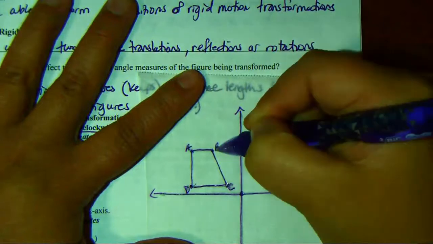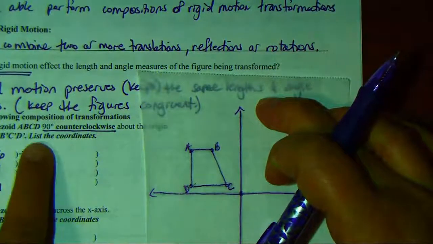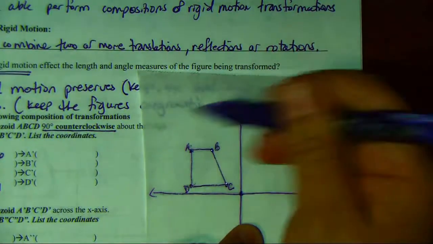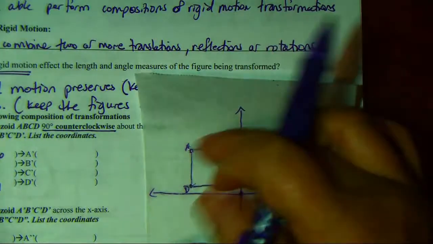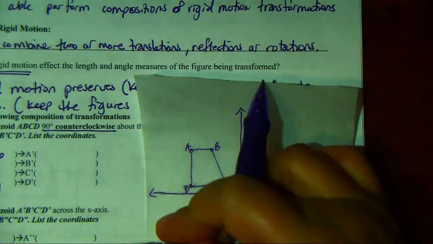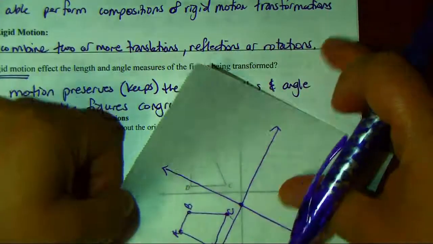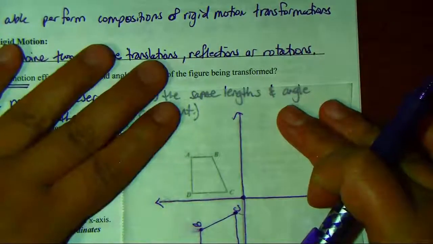But in reality, what we care about is the points. Not gonna lie. Okay? So 90 degrees counterclockwise means we're turning this way toward the left. Okay, counterclockwise, right? A clock moves this way. Okay, we're doing counterclockwise here. So I'm going to take my patty paper and I'm going to rotate this and I'm going to realign my axes here.